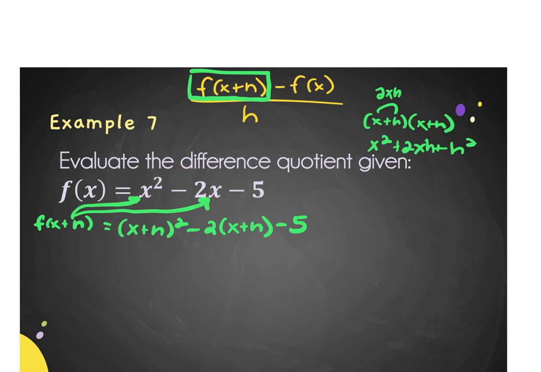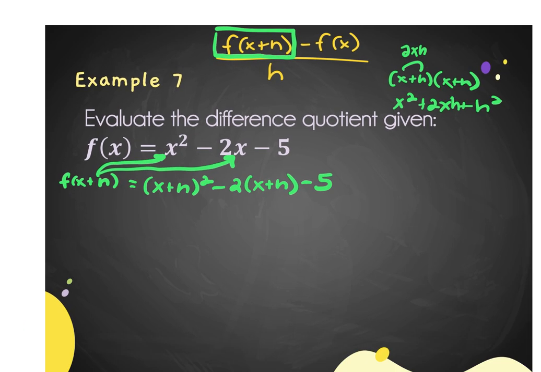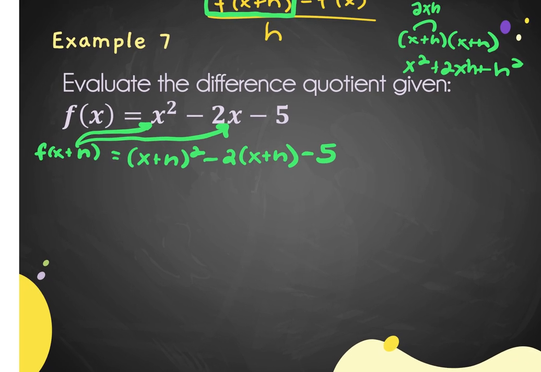The third option is to memorize that x plus h squared is x squared plus 2xh plus h squared because you're going to do it so many times, okay? If you don't memorize it, then you just make sure you know how to do either the expanding and the foiling or the shortcut. So that takes care of this part, x squared plus 2xh plus h squared.